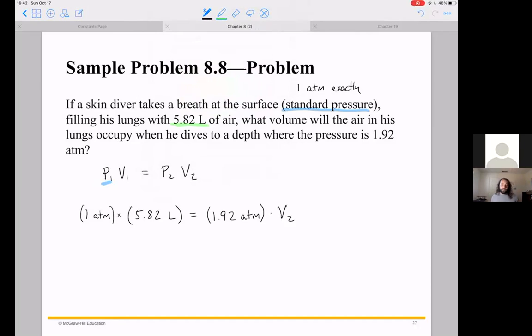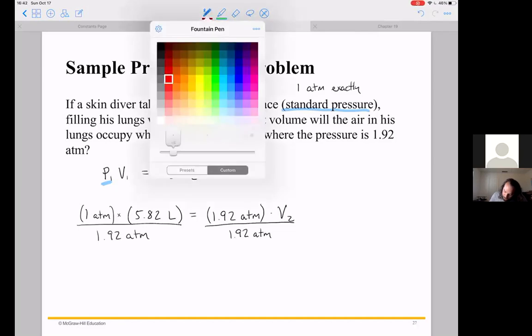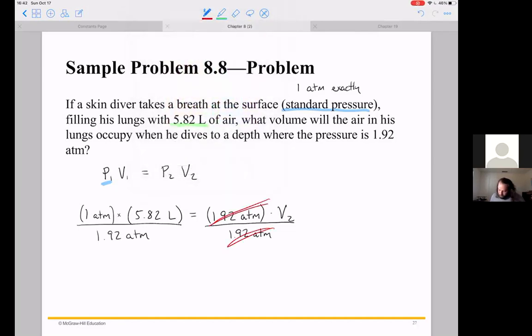I actually didn't rearrange this before plugging in the numbers, but it doesn't really matter. It's all about solving for that missing variable, which in this case is V2. So I'm going to divide both sides by 1.92 atm. On the right, that cancels out, so I'm left with V2. Awesome.